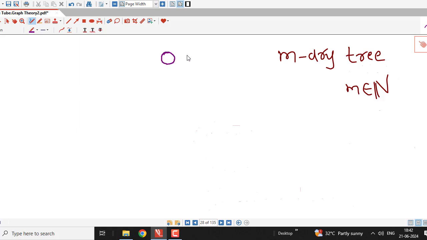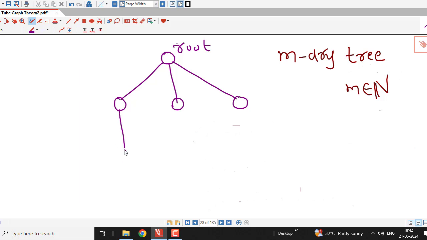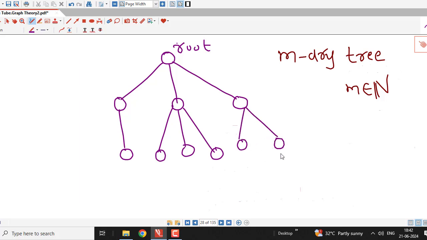I am considering one rooted tree here. Suppose I have this rooted tree in which this vertex is the root, and I have these vertices below it. Suppose I have one vertex here, two vertices here, and two vertices here.